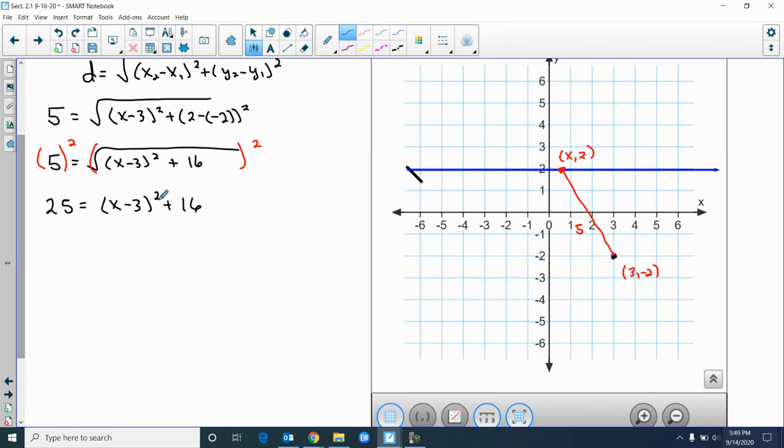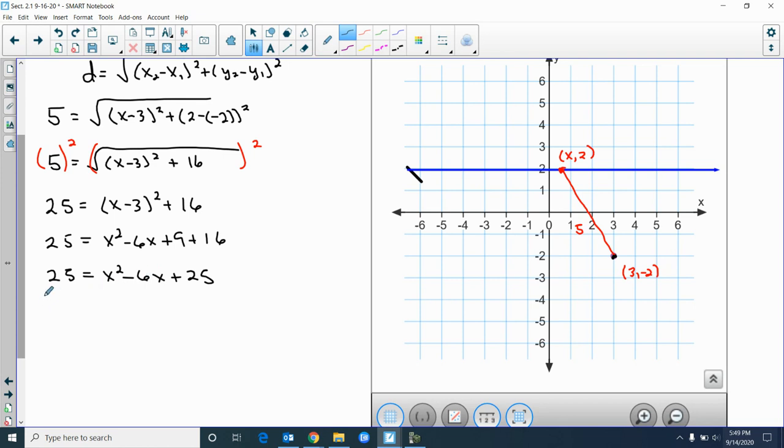All right, FOIL. And so I'm going to get 25 equals x squared minus 6x plus 9 plus 16. And I get 25 equals x squared minus 6x plus 25.